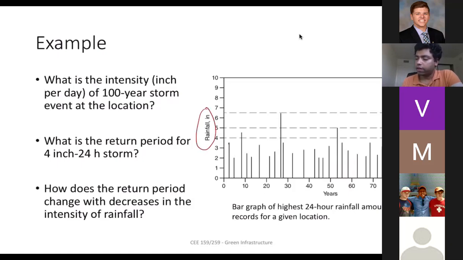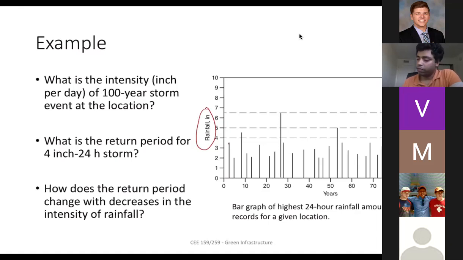If I ask you to calculate the intensity of a 100-year storm event at this location, it means you must have a rainfall that only happens once in 100 years.